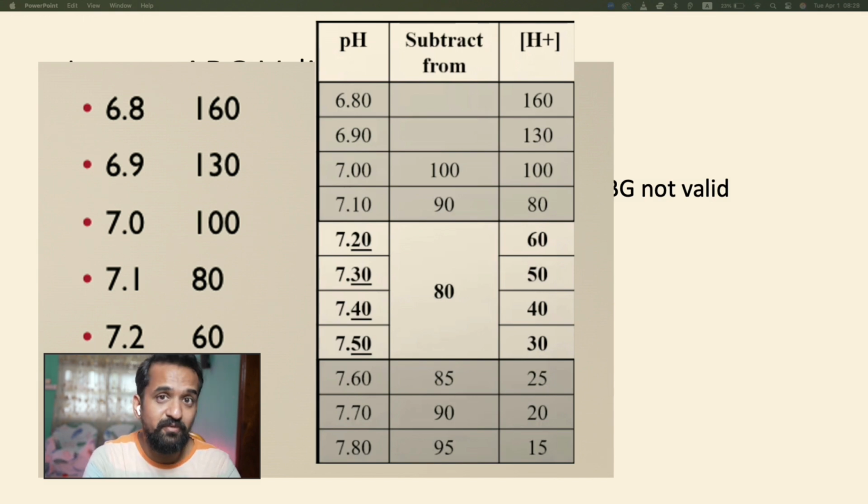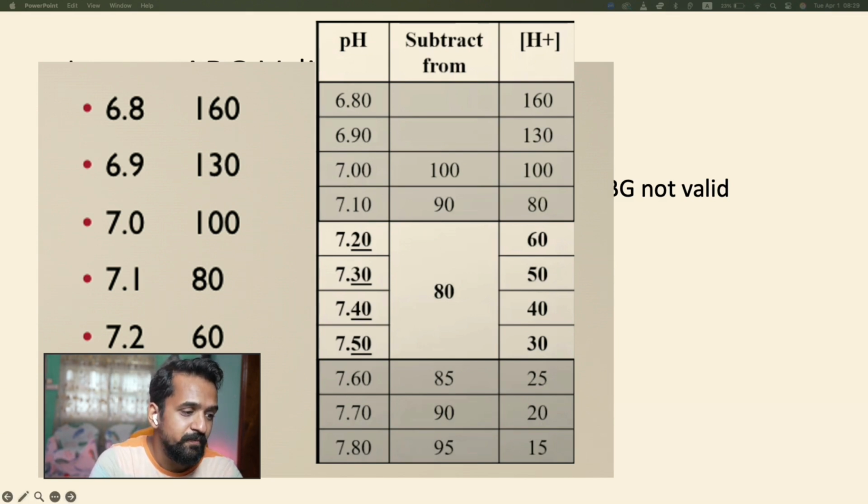There is a very easy way of knowing your hydrogen ions, okay? Just take the last two digits of your pH and subtract them from 80, and you get your hydrogen ions if it's between 7.2 and 7.5. Otherwise, you might need to refer to the table in order to get the hydrogen ions.